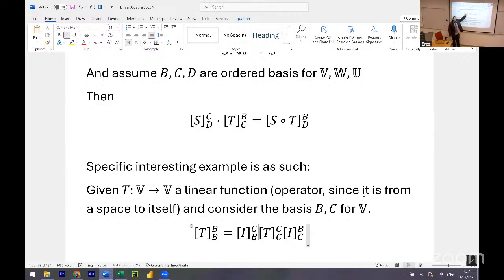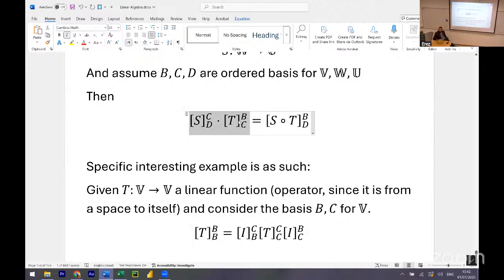Now you can apply the composition, and the composition of I, T, I is simply T. So that is a very important example for linear algebra 2, but it's a specific case of the theorem I just mentioned.